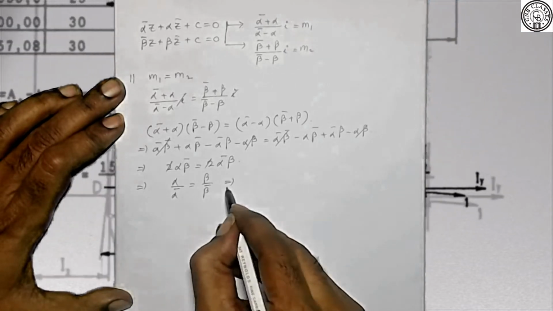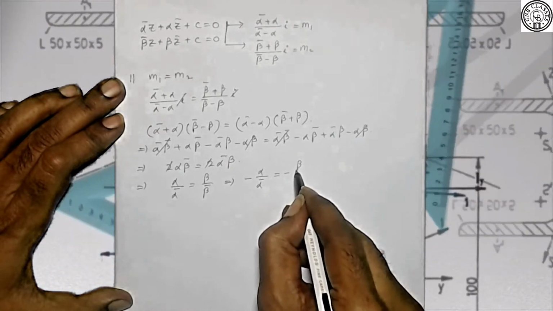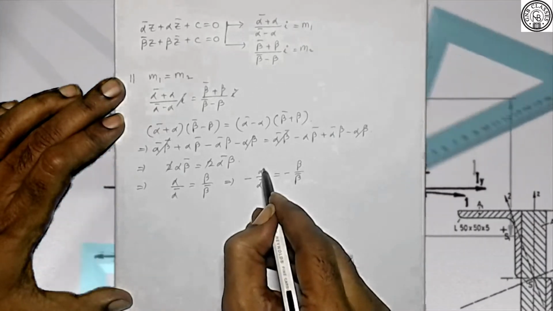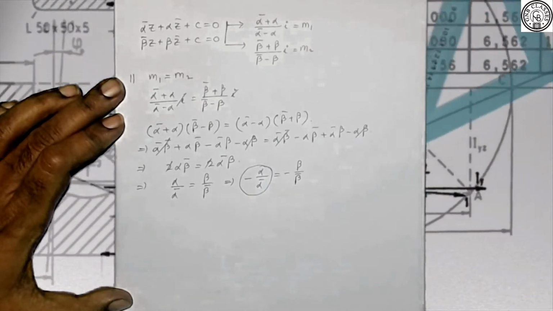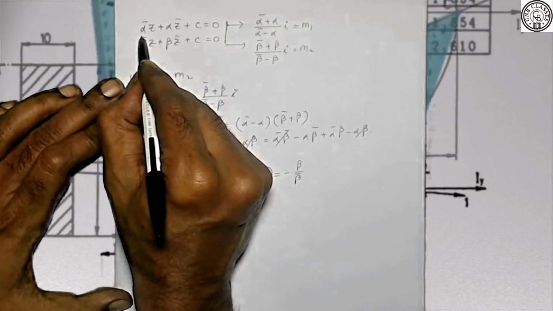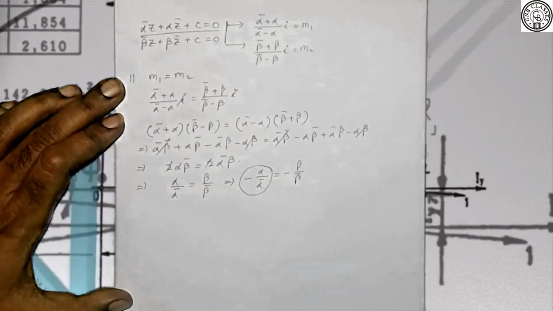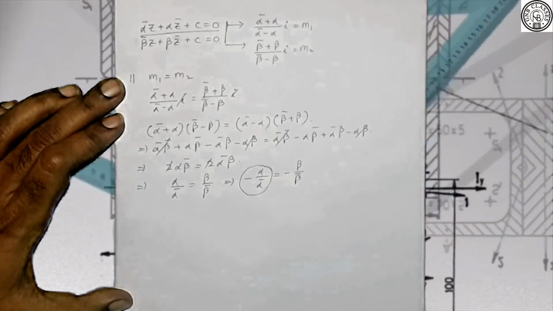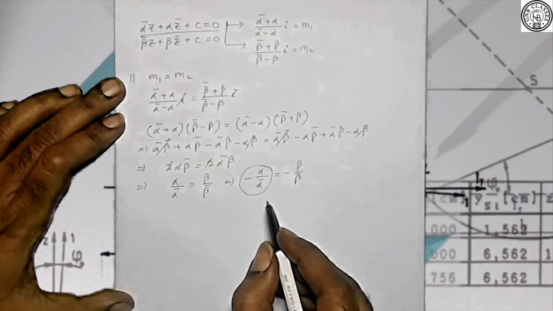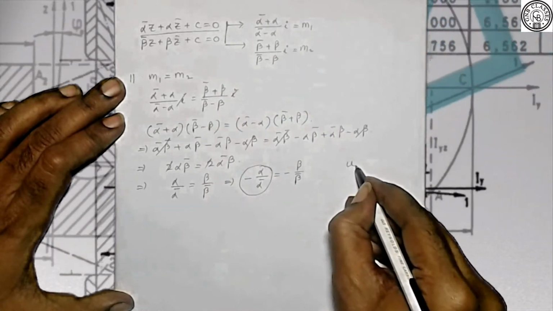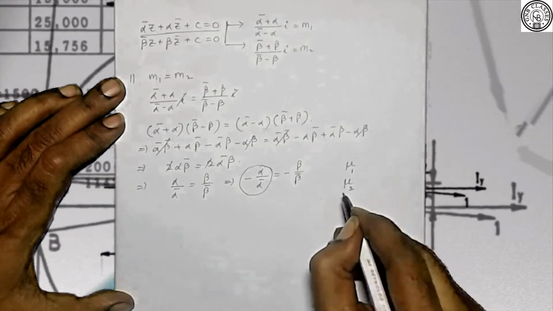Okay. So you can write in this way also, minus alpha by alpha bar equals to minus beta by beta bar. Now this is what? This is basically the complex slope of the line alpha bar z plus alpha z bar plus c equals to 0. Yes or no? So let me denote the complex slope of the first line as mu1 and the complex slope of the second line be mu2.